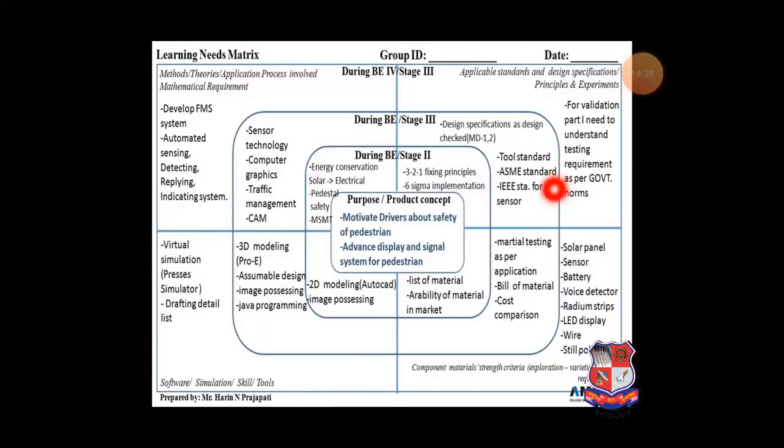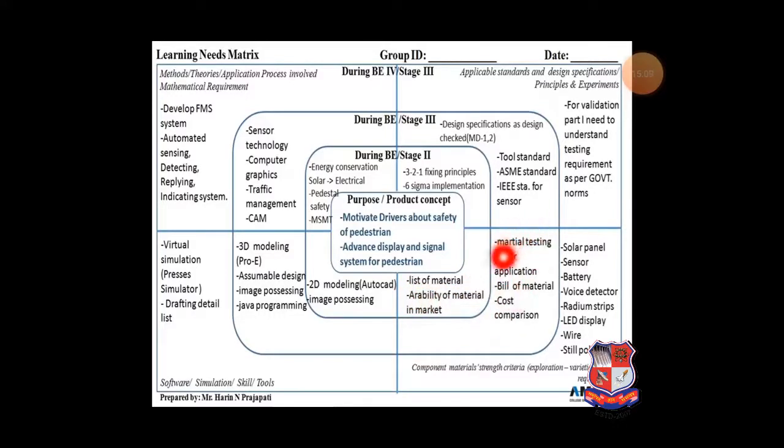It is related to welding purposes also, and some other welding standards are there, so we have to follow them. But here I am not indicating the welding standard. IEEE standard for the sensors and all these things, so we have to follow the electronics standards. Also some government rules and regulations, government norm standards are there. If there is any civil structure then we have to follow the ISO civil standards, ISO 2000, ISO 2001, and so on.